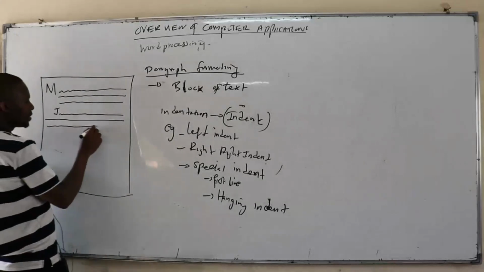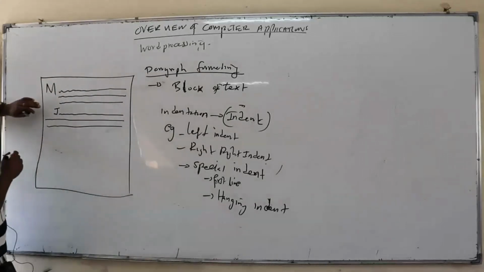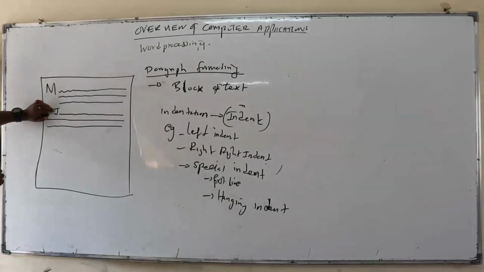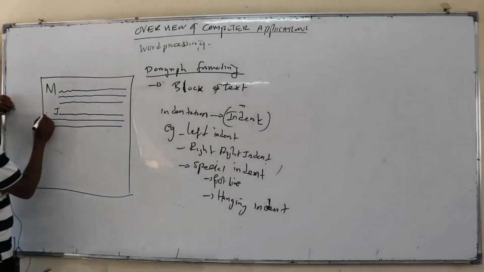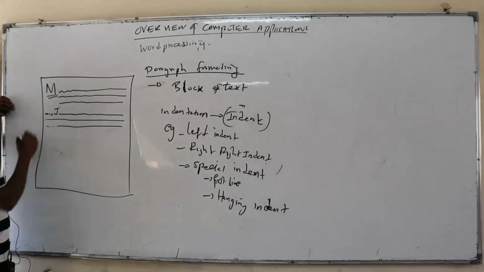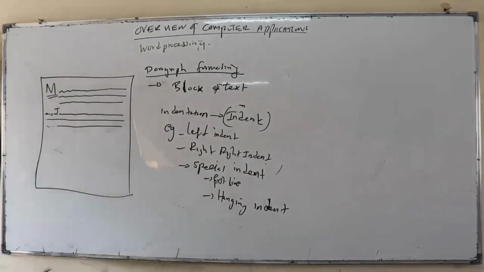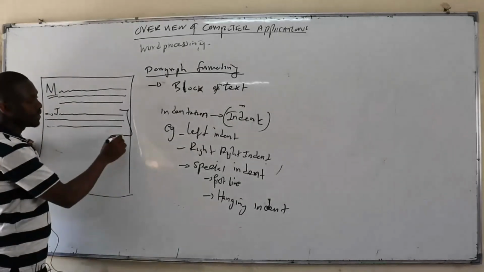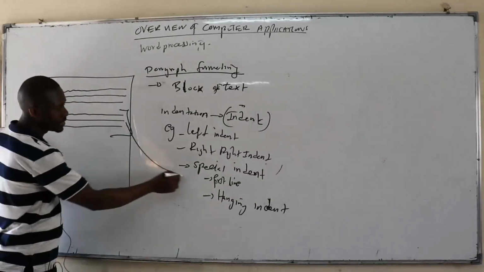Okay, what you have formed is the hanging. First line, always the first line is indented from the margin, not like this. It is indented from the margin. So this type of paragraph formatting is what we call first line indent.